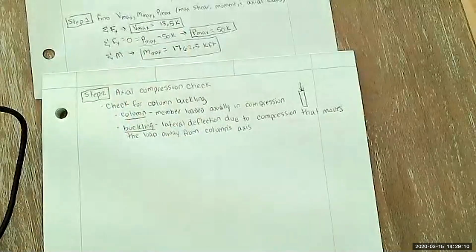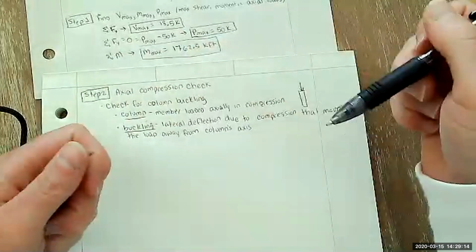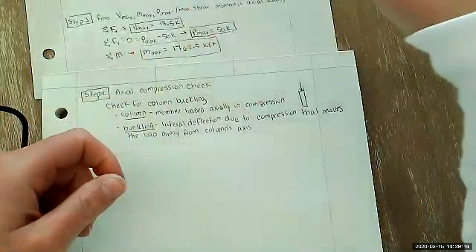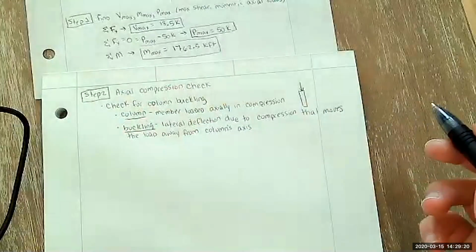For example, if you had something like a Twizzler and you push down on it, that Twizzler will buckle because it pushes the load away from the axis and folds in half.